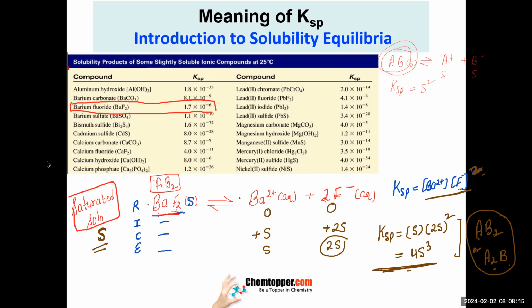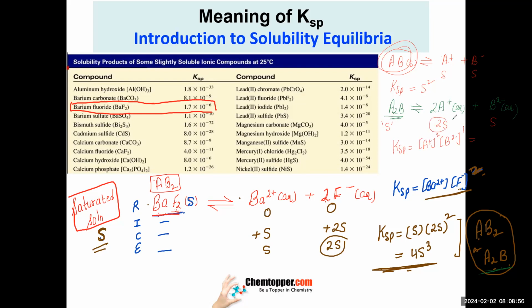And if it is, let's say, A2B, I can say that I will get 2A+ aqueous plus B2- aqueous, which is neutral. Now write down the Ksp expression. If S is the molar solubility, this is 2S, this is S. So Ksp is the concentration of A+ raised to power 2 times the concentration of B2- raised to power 1.